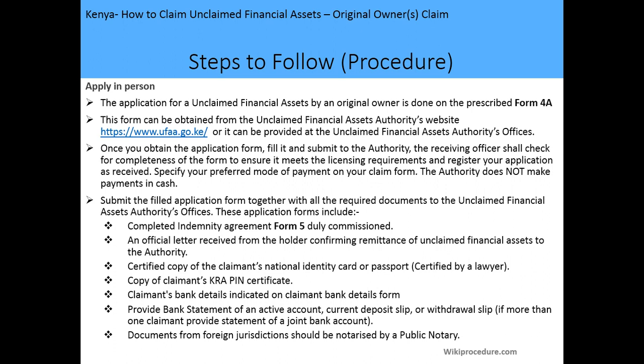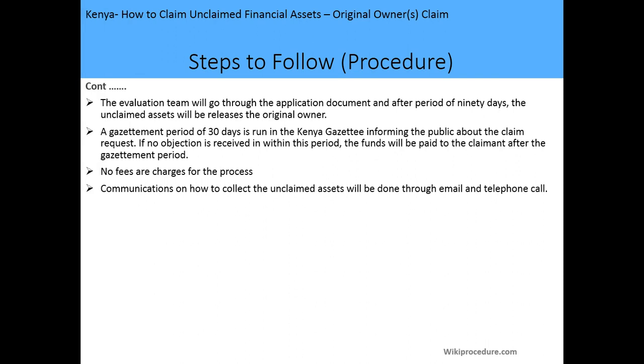The documents required include the indemnity agreement form number 5, an official letter received from the holder confirming remittance of unclaimed financial assets to the authority, a copy of your identity card or passport, a copy of the KRA PIN, a copy of the bank details on a claimant bank detail form, and a bank statement to show an active account, or a current deposit slip or current withdrawal slip. If any of these documents is in a foreign language, it should be publicly notarized.